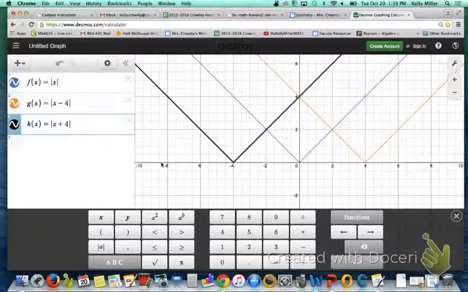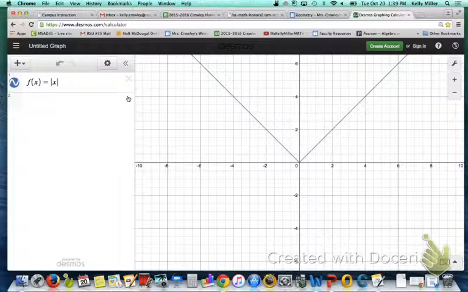So vertical stretch, compression. Let's clear out everything but our f. If you don't have it in absolute value, put it in absolute value.